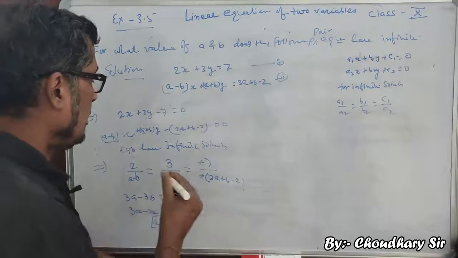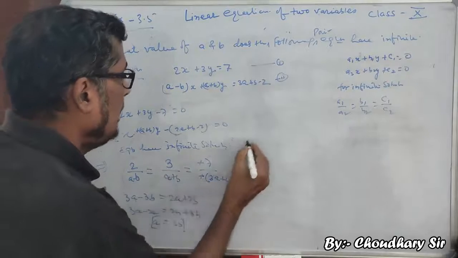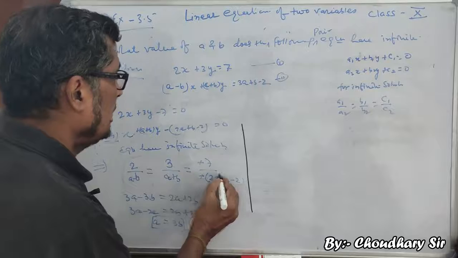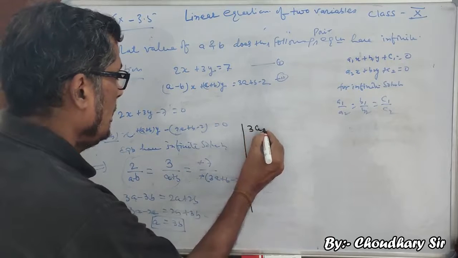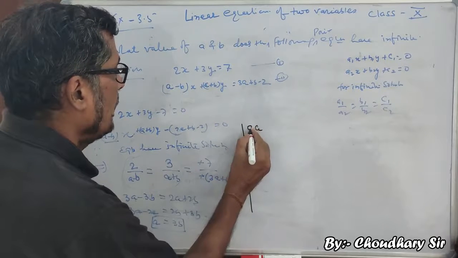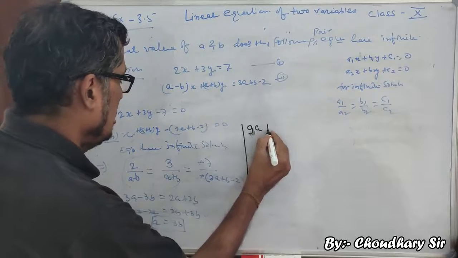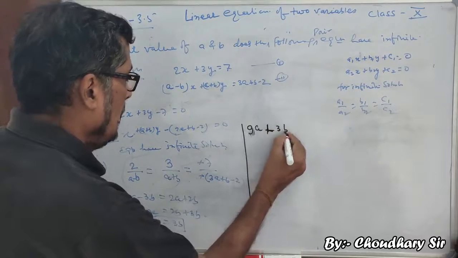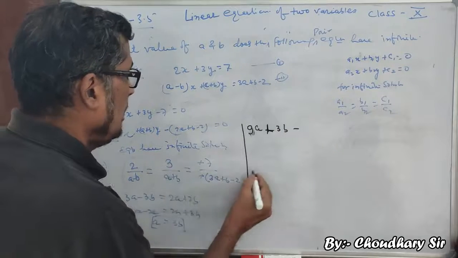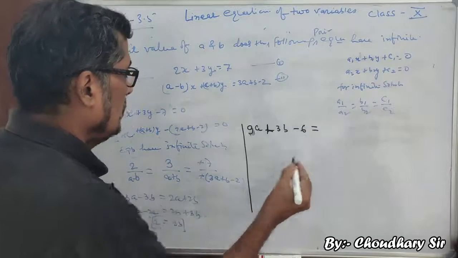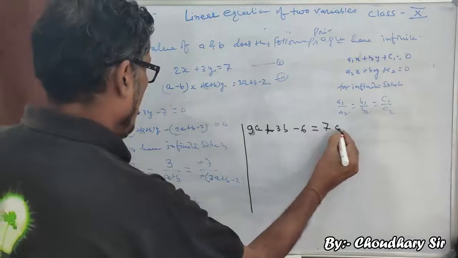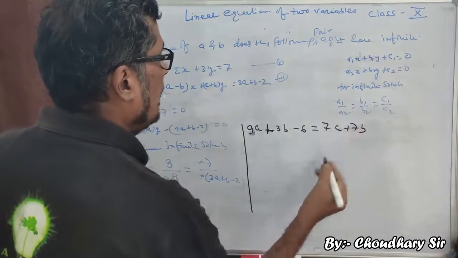What do we get here from the second and third? 3 times (3a plus b minus 2) equals 7 times (a plus b). So 9a plus 3b minus 6 equals 7a plus 7b.